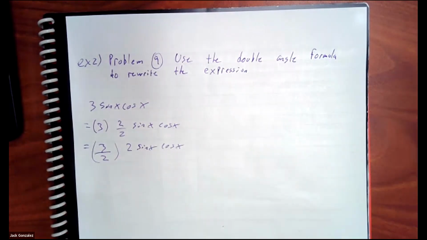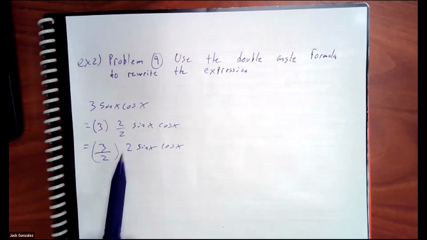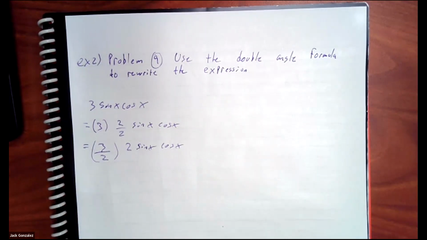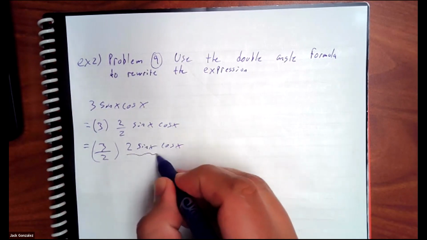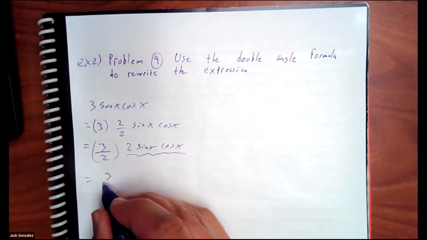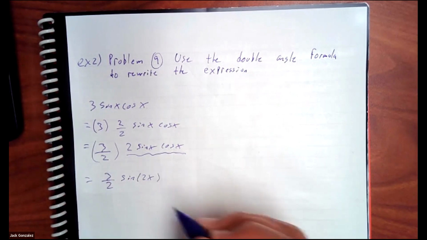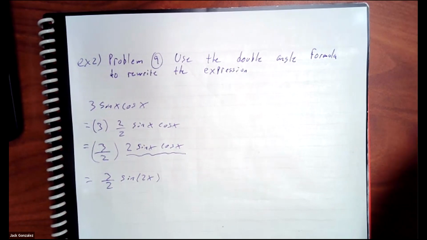See what I mean? This bottom 2, I just put it down there. Since it's all multiplication, it doesn't matter. So this right here is going to be the double angle. That makes sense?